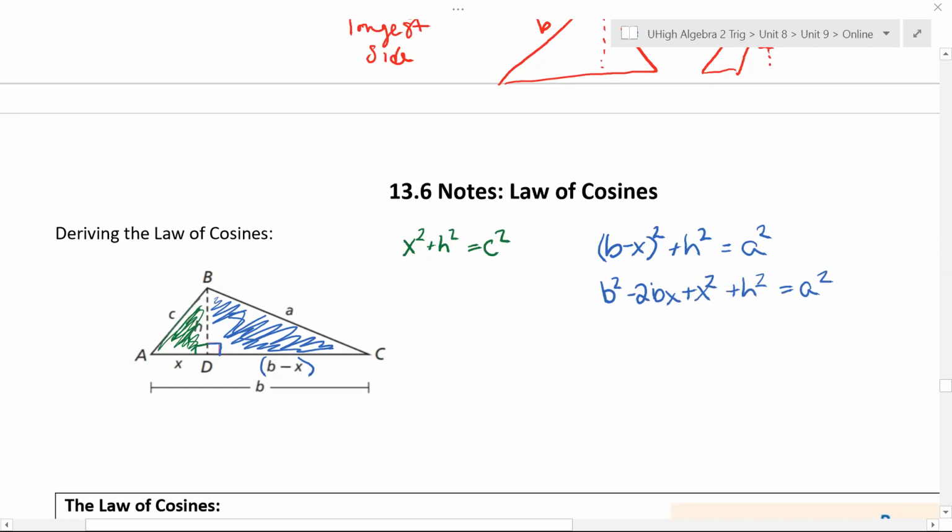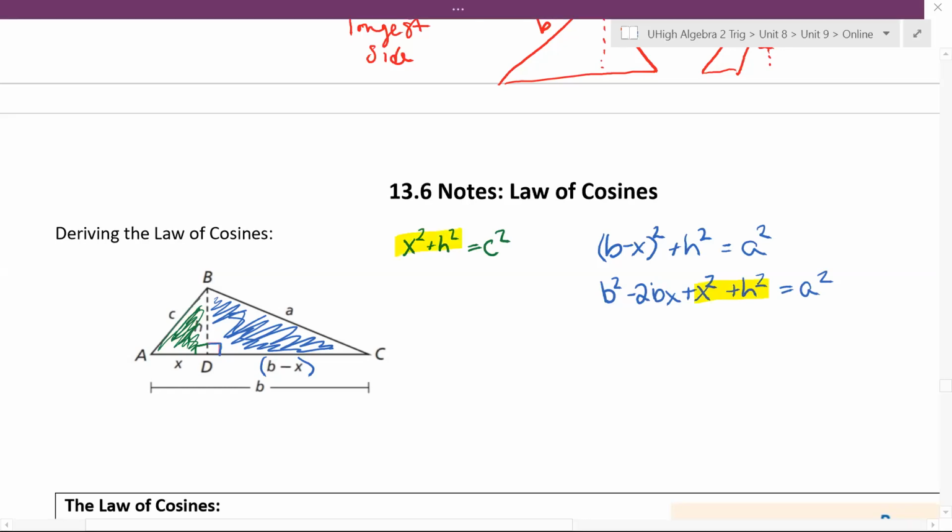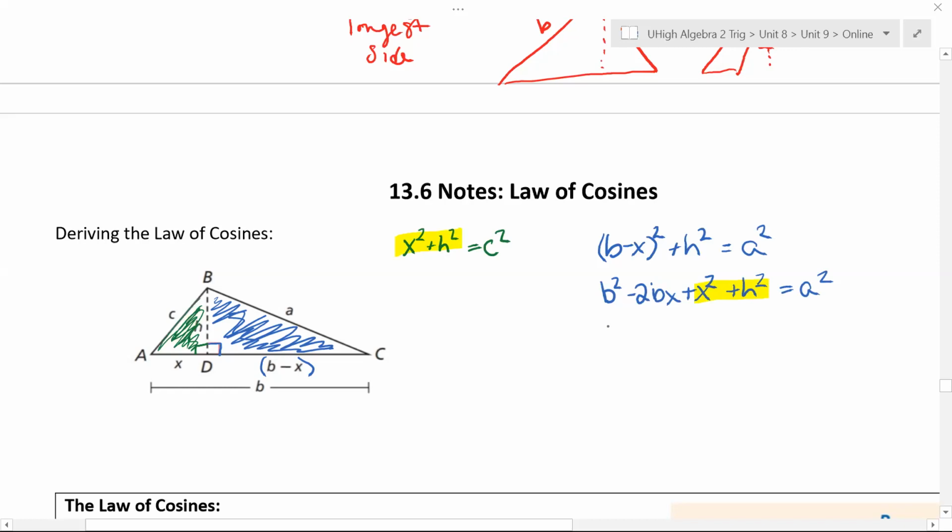If you guys notice, I have an x squared plus h squared here, which I also have over here. Since that is equal to c squared, I can substitute it in right here. Now I have b squared minus 2bx plus c squared equals a squared.